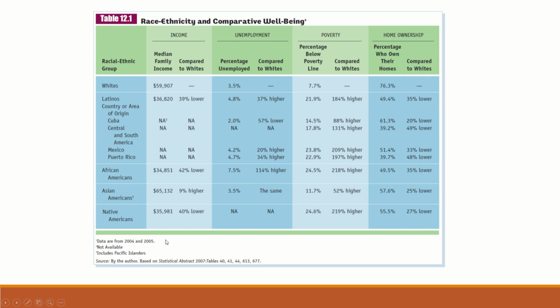And you see the pattern stays pretty consistent, that there are larger issues of poverty in other groups than whites, with the exception of Asian Americans. And so as a researcher, you want to look deeper into this and understand why. What are the historical, cultural, and political reasons for why this has happened?